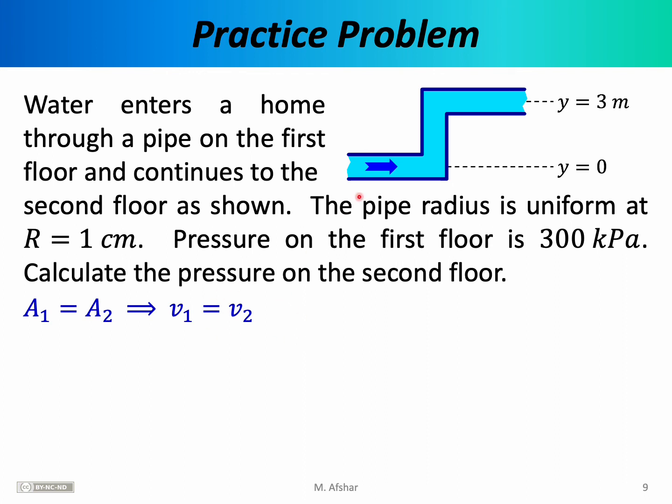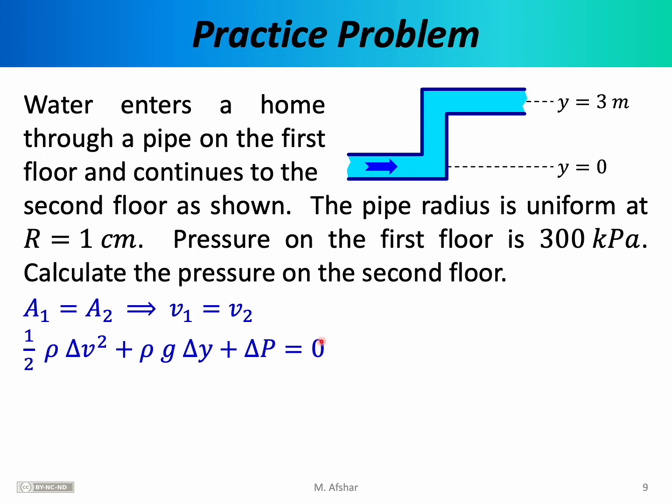This already tells us that the kinetic energy of the fluid remains the same as it passes through this pipe. Of course, the potential energy will not remain the same. As you can see, the potential energy will increase, and this suggests that the pressure must decrease on the second floor. Let's do the calculations and find out.